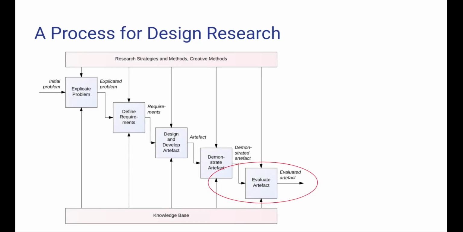We have also identified various requirements on this quest giver. And for now, we also assume that we have developed a new quest giver and have implemented it. So our task now is to evaluate this artifact, this quest giver, and find out how good it actually is.